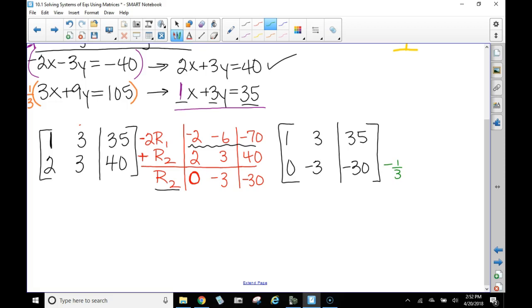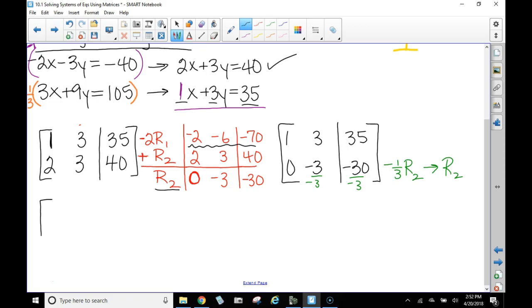That's the same thing. So I'm going to take -1/3 times row 2 and get a new row 2. That's actually how we show the world and track what we did. But really what I'm doing is dividing everything through by -3. And that's going to give me my new row 2.